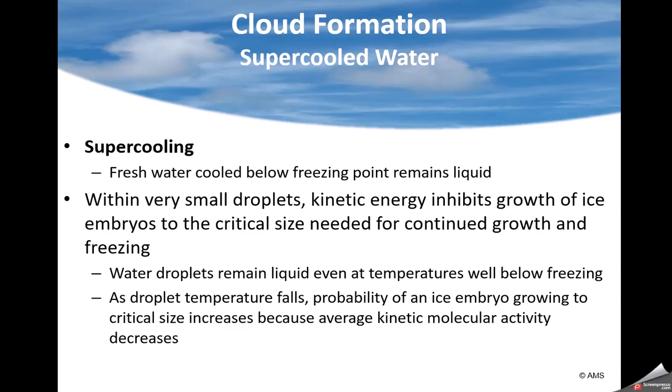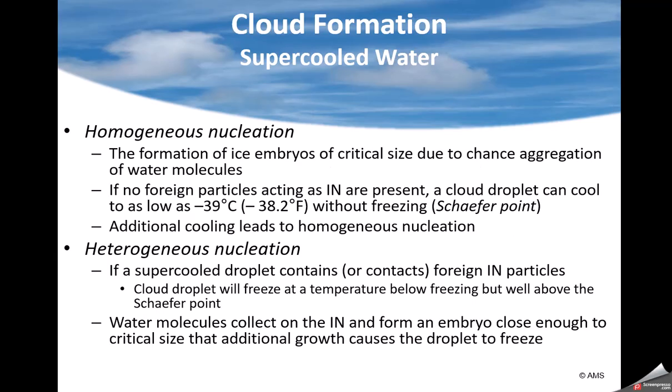So these very tiny droplets have a lot of kinetic energy moving around inside of them. It keeps this water from growing into ice crystals. But once you get an ice crystal there, it doesn't take long for all these cloud droplets up there to switch over to ice. But if you got down to -39 degrees centigrade, or almost exactly the same, -38 degrees Fahrenheit, called the Schaefer point, everything's going to freeze.